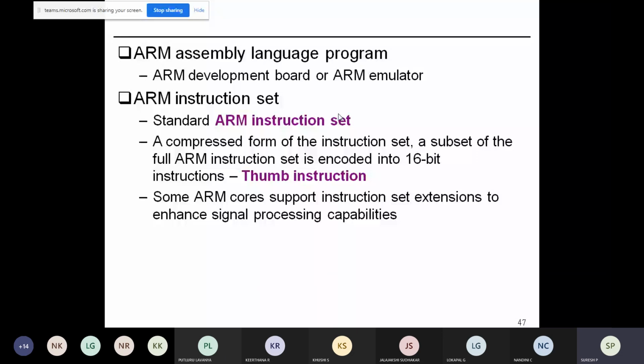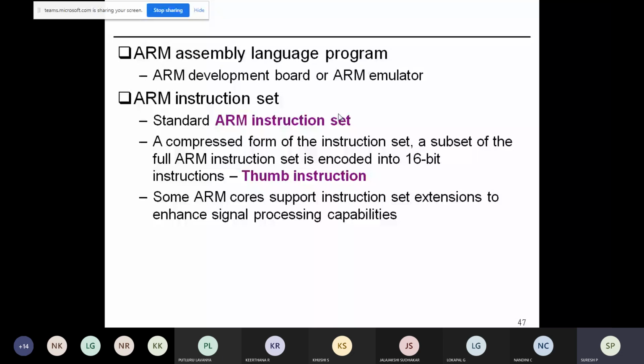How many memory locations does each instruction require to store? Any answers from your side? It requires 2 memory locations.